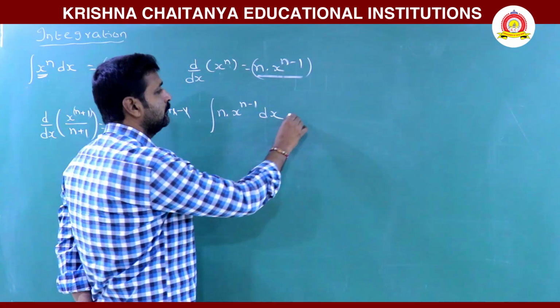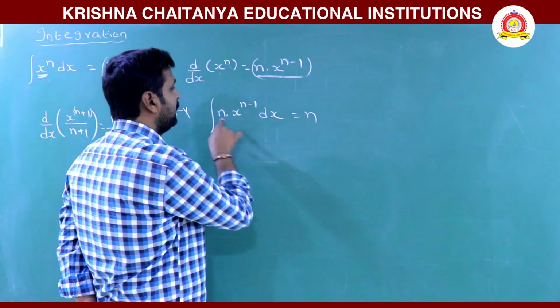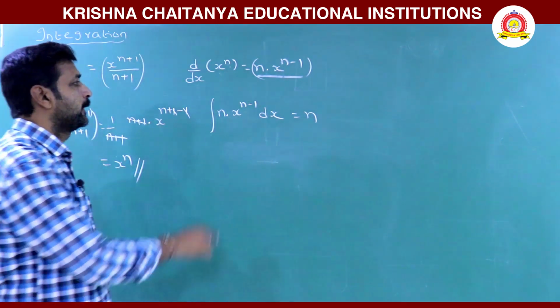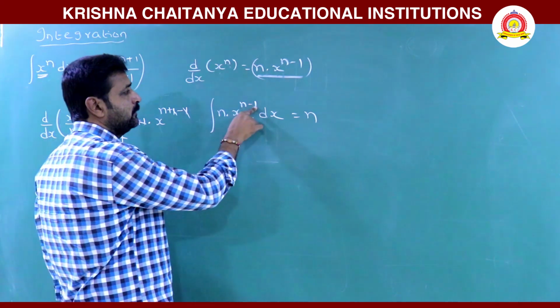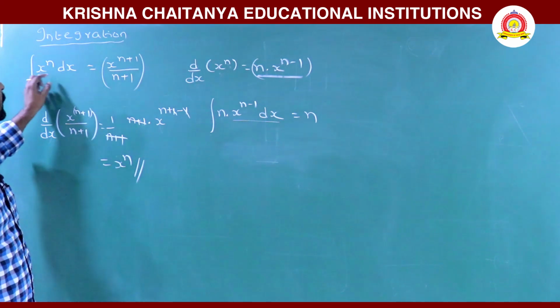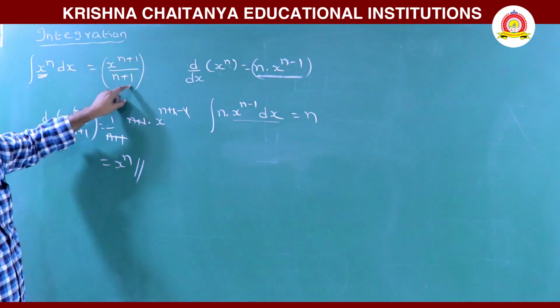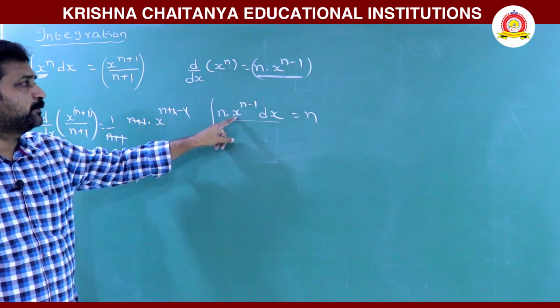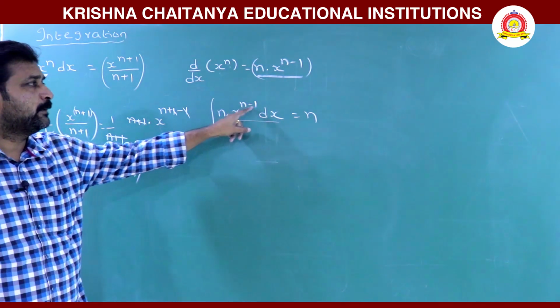Now n is not integrated since it is a number constant. So here x power n minus 1 dx: our integration formula for x power n is x power n plus 1 by n plus 1. Instead of x power n, what we have here is n minus 1.